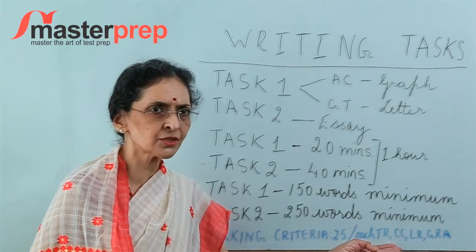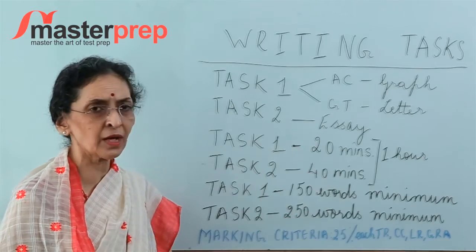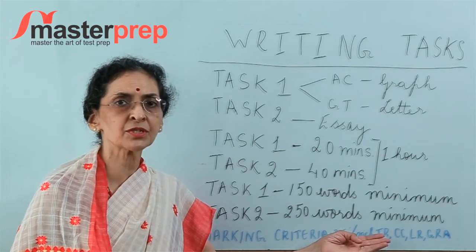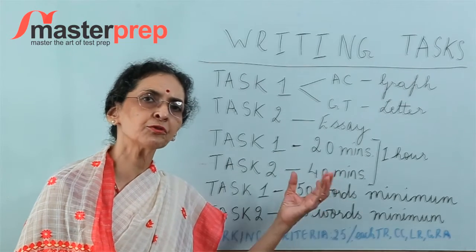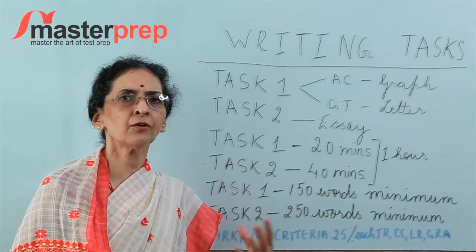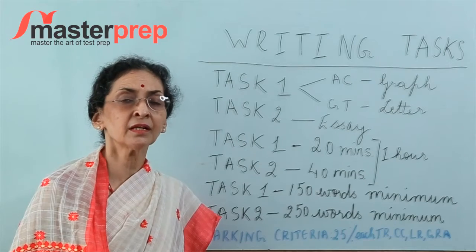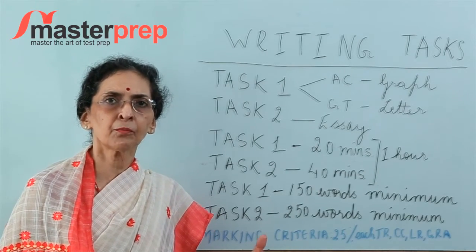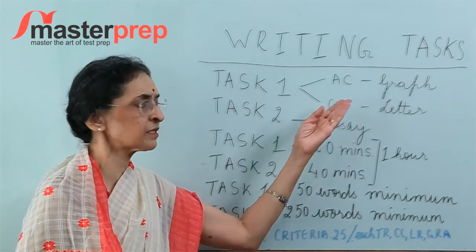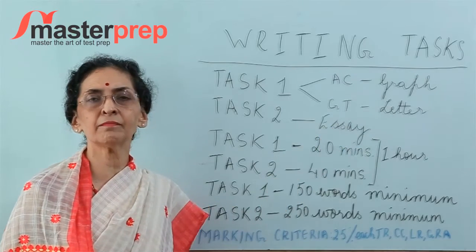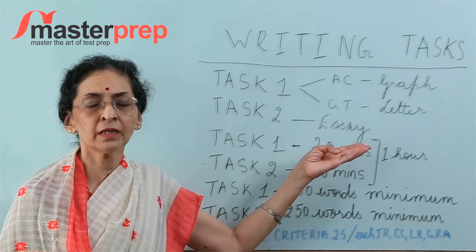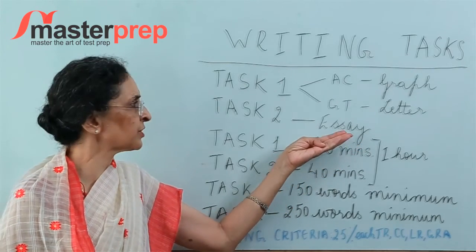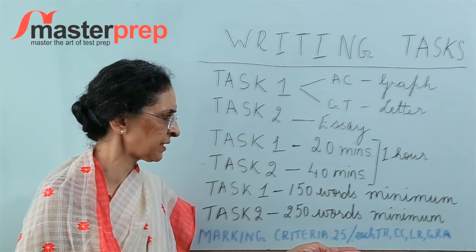TR means the task response in task 1, TA, which is task achievement, for task 2. That means how you respond to the topic, how you are able to address the areas pointed out in the topic, whether it is a graph or the requirements that are given in bulleted points for the letter, or the points that are mentioned in the rubric for the essay.